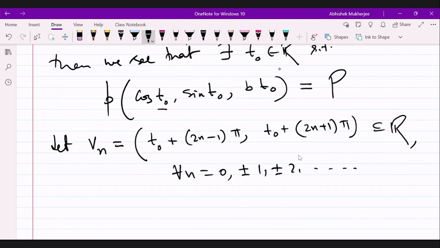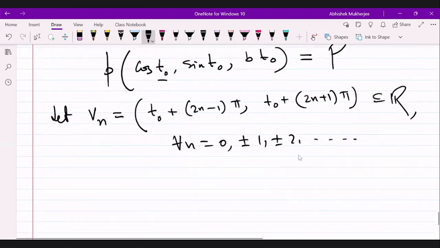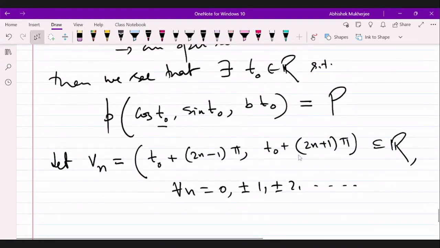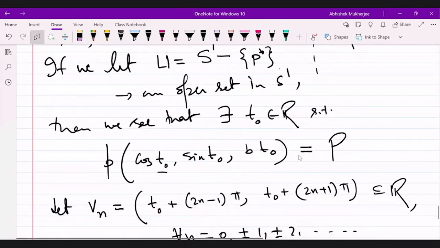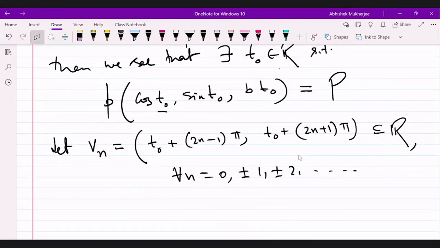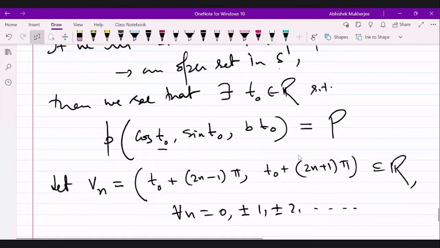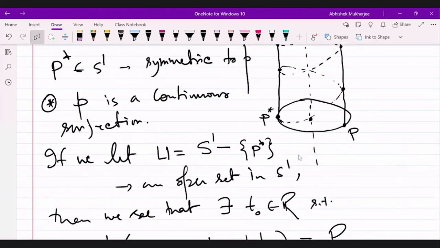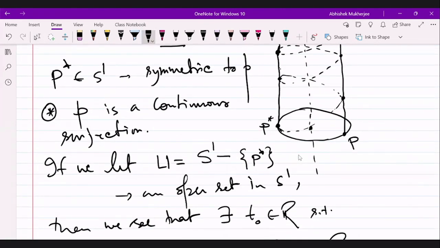Okay. And suppose you take n equal to 0. So what you are getting here is this curve, this arc, from here to this much, this to this.